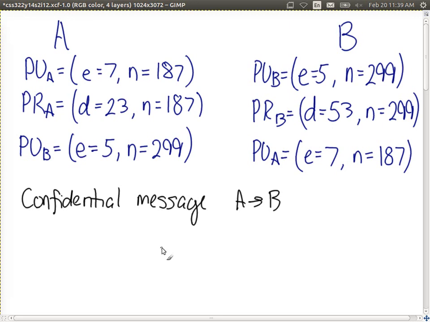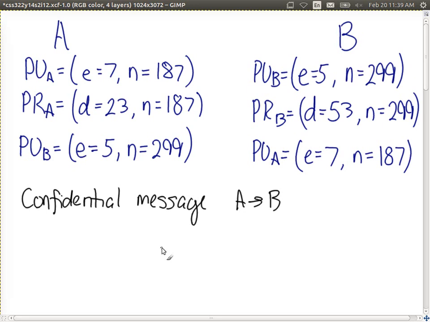So how do we convert a message to a number? Let's say I want to send the message hello. We can convert it to binary, maybe using ASCII encoding, and then treat that sequence of bits as some integer. So the message is a number in this case.